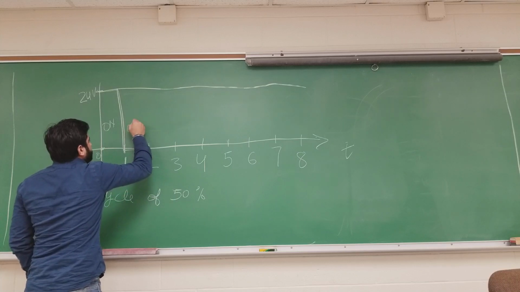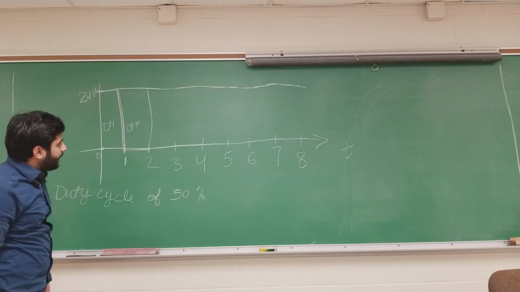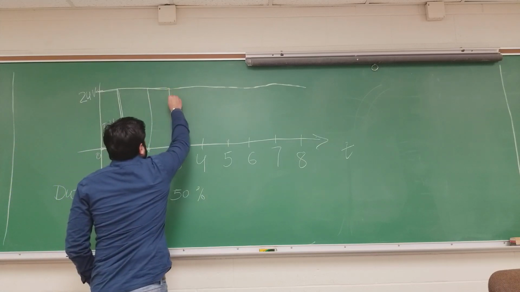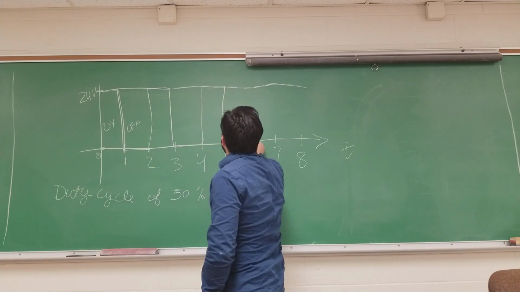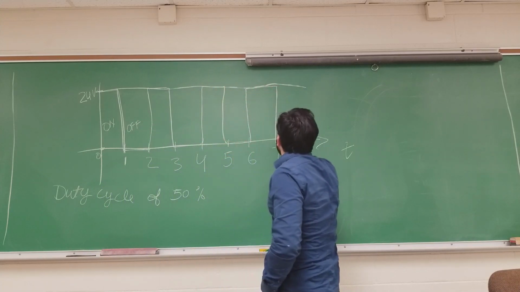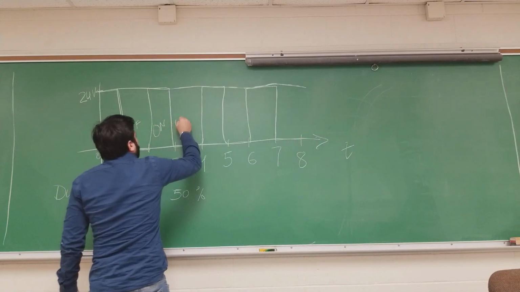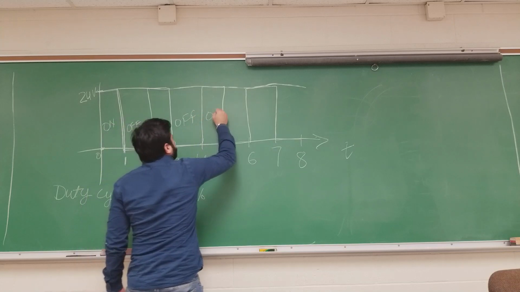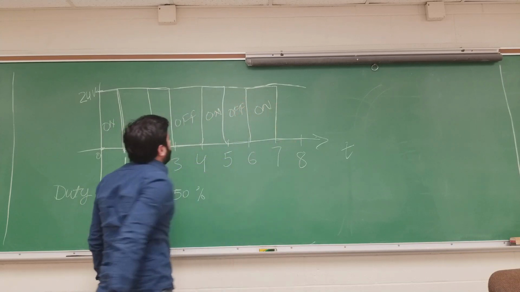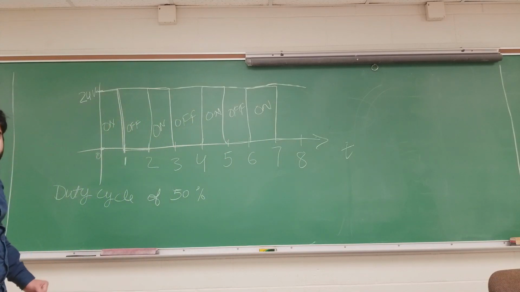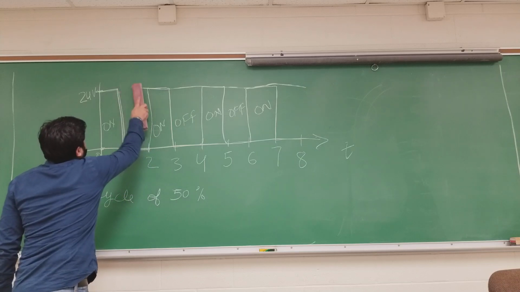Here it is off. After that, it again goes to high, and the signal is repeated because we are running it at 50% duty cycle. So it is just a cycle of on off, on off, on off. And if we look over the resulting signal, it will look like this.